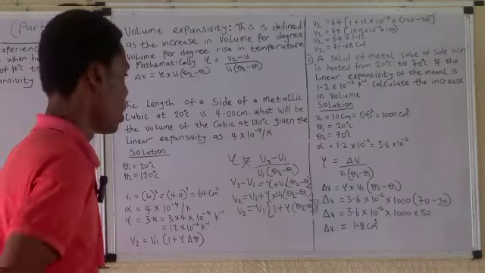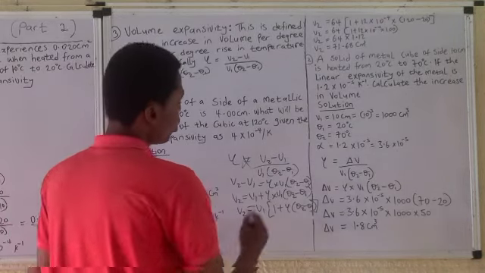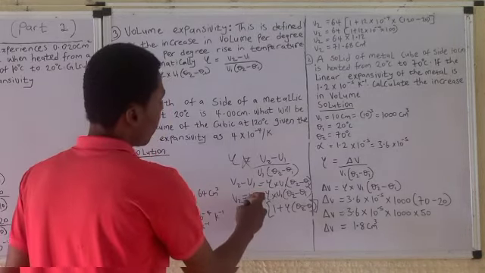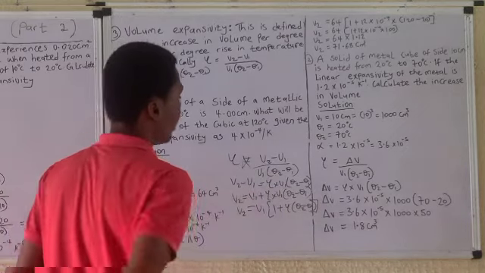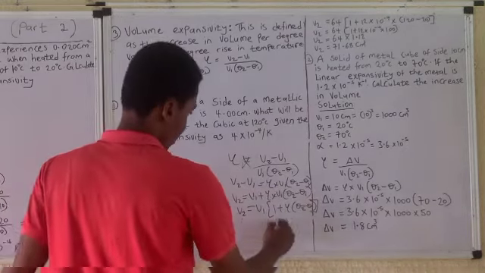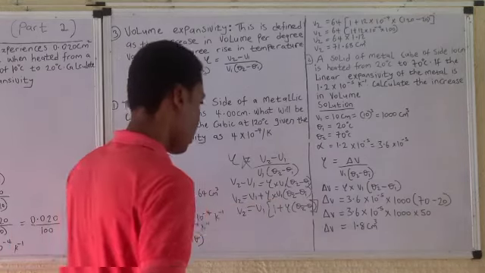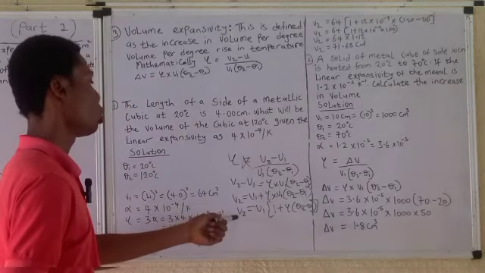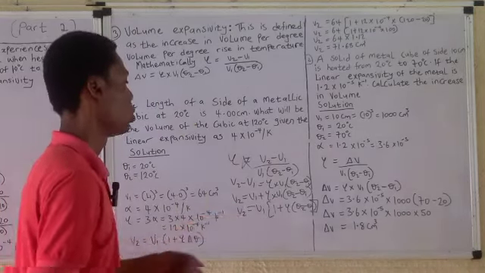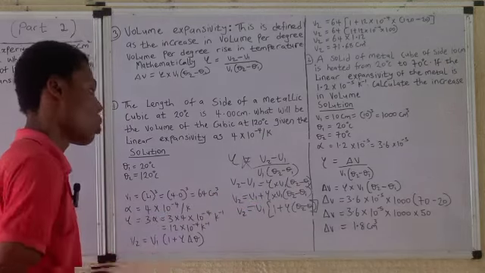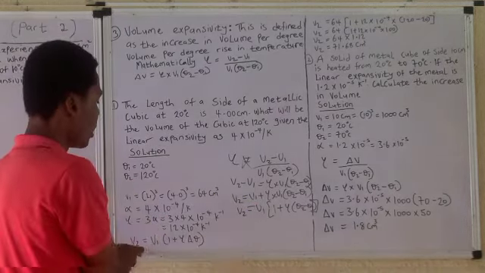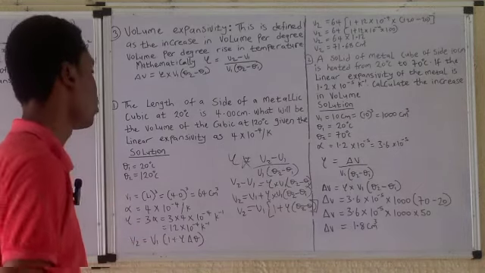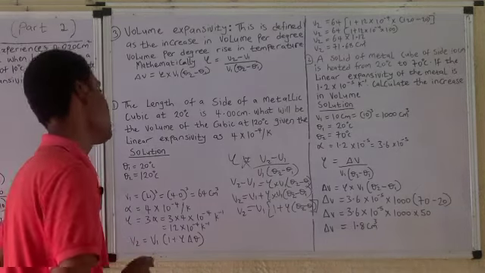Note, I got this one by noting that we have V1 in both terms, they are common, so I factor them out, leaving 1, then plus our gamma. If you don't really understand, you can also use the earlier formula to solve your question. It's also the same thing. So that's how we got our formula here. V2 equals V1 in brackets 1 plus gamma change in theta.